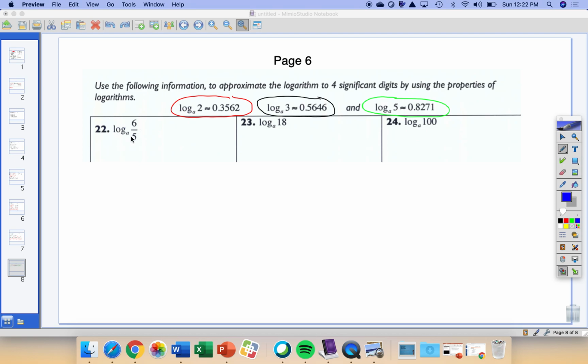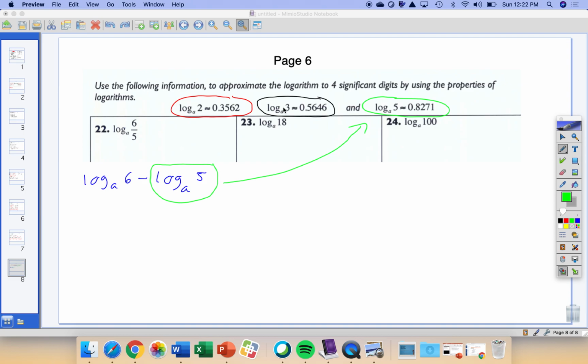So I want to utilize my properties to get this log into something in terms of these 3 logs. For example, I'm going to expand this because I'm dividing 6 over 5. I can break it up into log base a of 6 minus log base a of 5. What do you notice? Well, log base a of 5 is my green log. Right there.